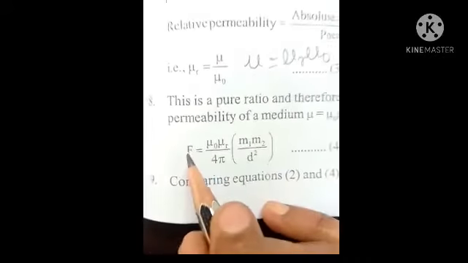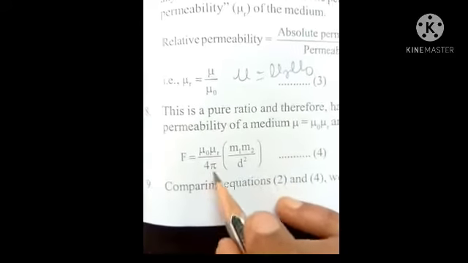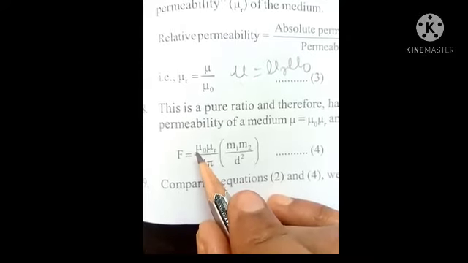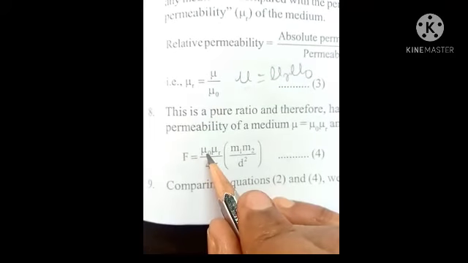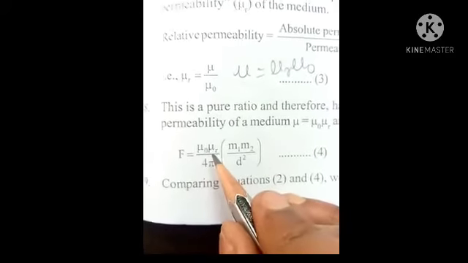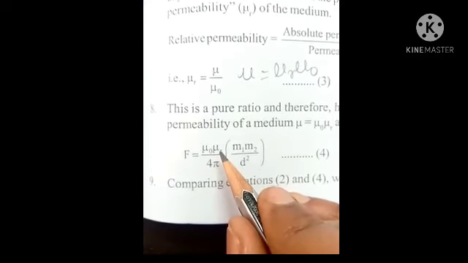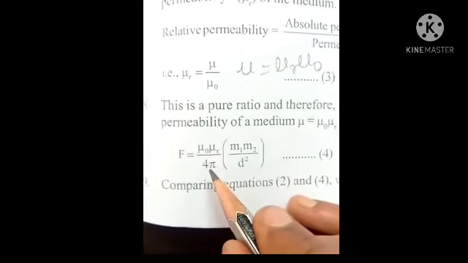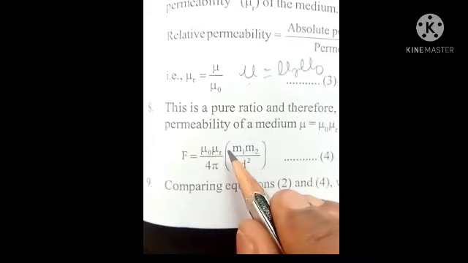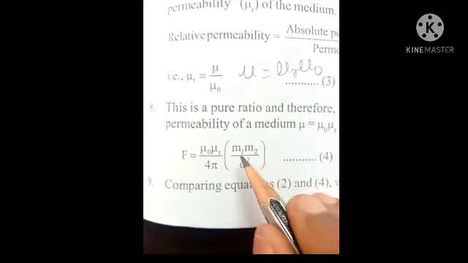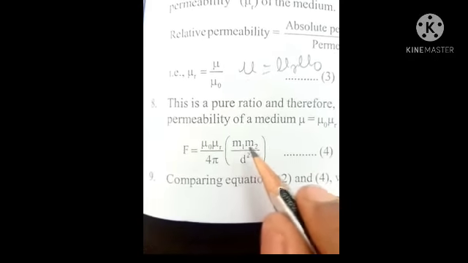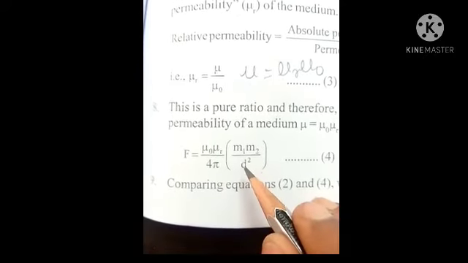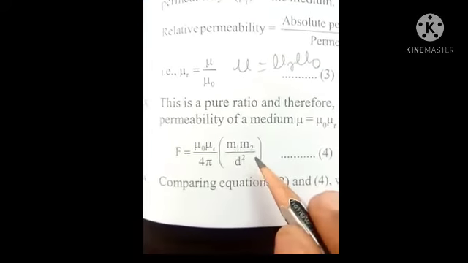Hence equation 1 can also be written as F equal to mu naught, the absolute permeability, mu r, the relative permeability, by 4 pi into m1 m2 by d square, where m1, m2 are the strengths of the two poles and d is the distance between them.